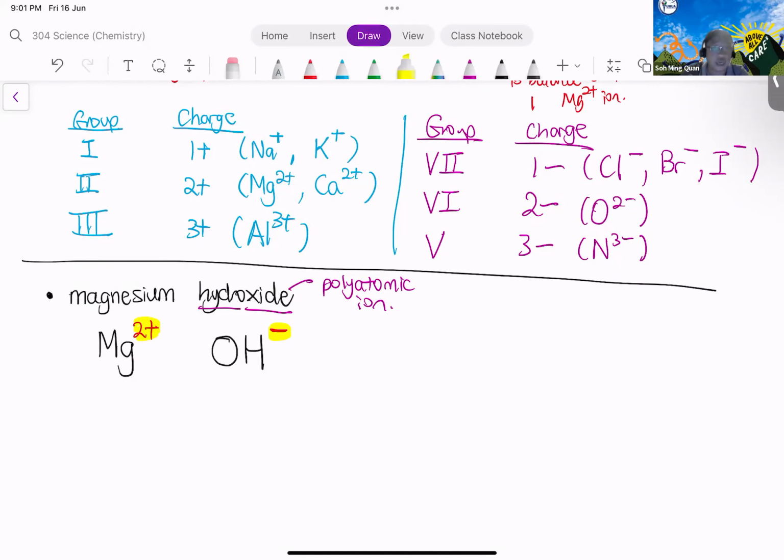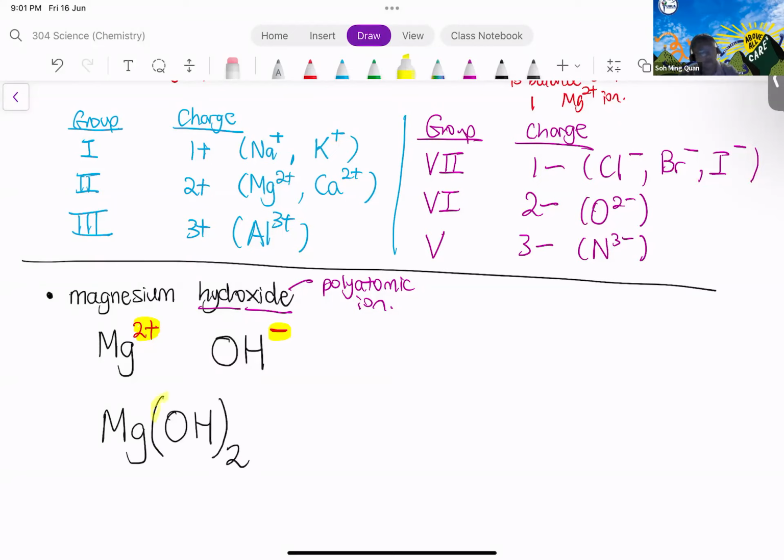Hydroxide is single negative, too weak, only single. So I need 2 times the hydroxide. I can't just write it like that, because what I mean is I want 2 times the whole hydroxide. Therefore, I must have a bracket.